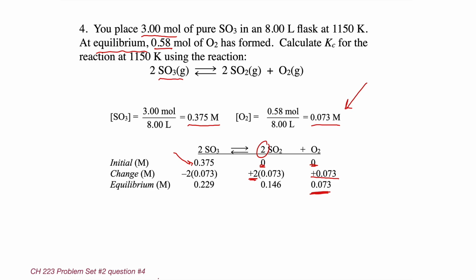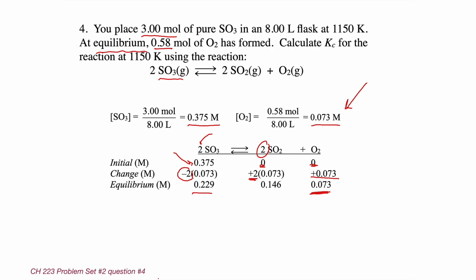Now, you can't get something from nothing. So if O2 and SO2 were forming, the SO3 amount has to decrease. Because of the stoichiometry, that 2 SO3s right there, the SO3 will decrease as much as the SO2 increased. So if SO2 went up by 2 times 0.073, SO3 will go down by 2 times 0.073.